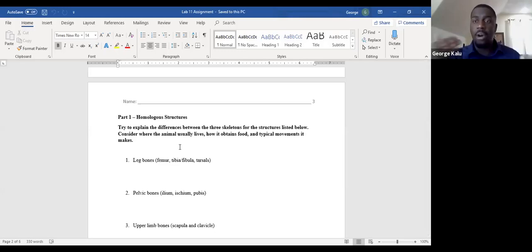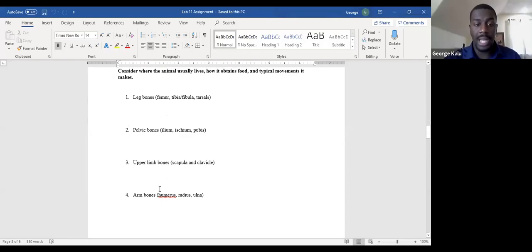Try to figure out why each of these bones might look a little different in the cat, the chicken, and the human. You're going to do that for the leg bone, the pelvic bones, the upper limb bones, and the arm bones. Again, your goal is to figure out why they would be built differently.